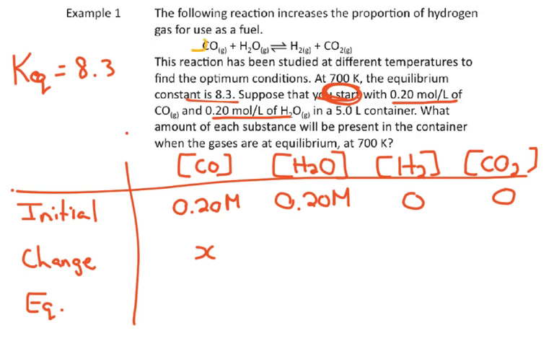We need to look at the coefficients in front of each of those substances. Now, these are all ones in this case, which makes life much easier. The concentrations of CO and of H2O will both change by X, since they're a 1-to-1 mole ratio in the chemical equation. They'll actually change by negative X, since they are decreasing.